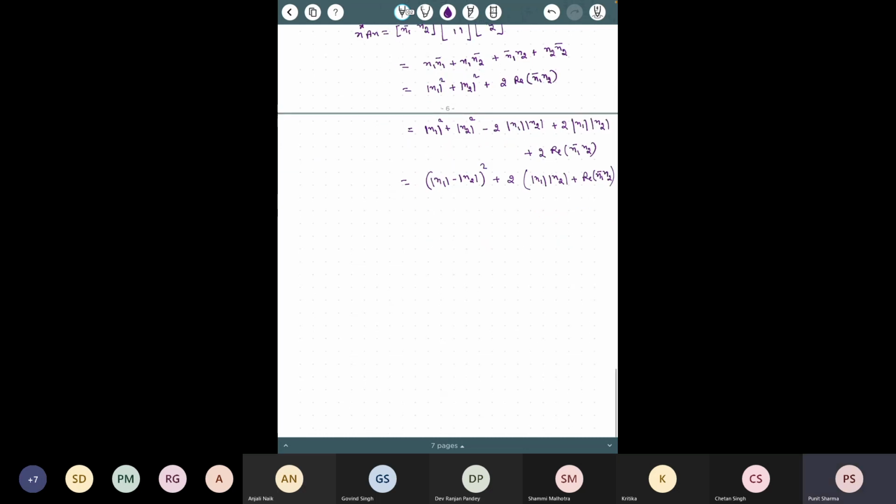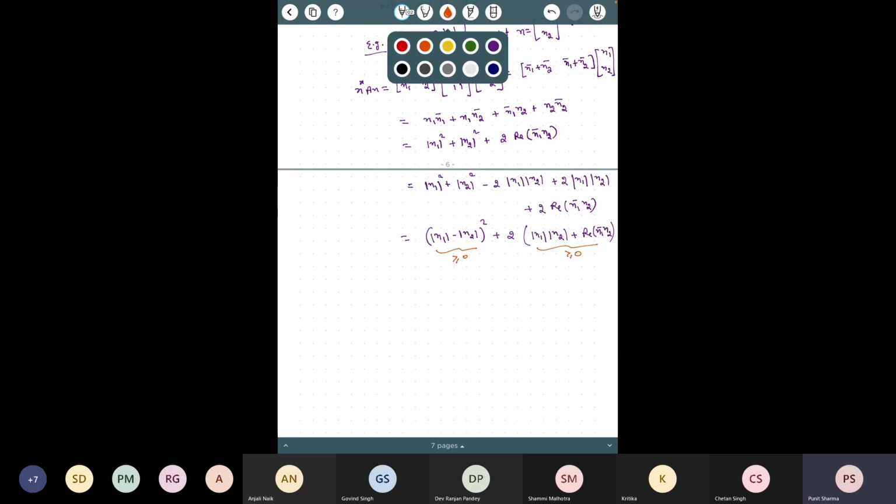This term is always greater than or equal to 0, because the product mod x1 mod x2 is greater than the real part of x1 bar x2. And the other term is the square of a real number, so it is also greater than or equal to 0. So this implies that x star Ax is greater than or equal to 0, so A is PSD.